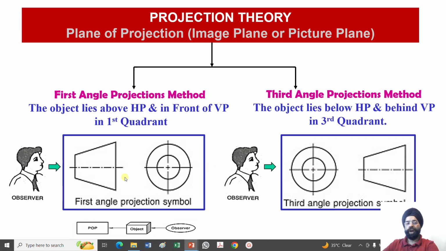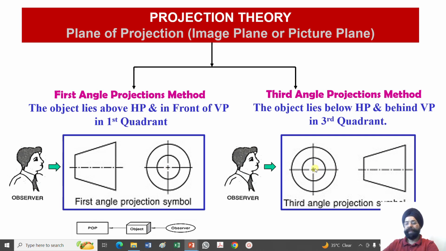If I draw this symbol, it means that I am talking about first angle projections. If I am talking about this symbol, it means nobody is going to tell you whether it is a first angle or a third angle; you need to remember, this picture will be created when the observer is looking at this object from this side. So in first angle the object lies in between my observer and the plane of projection.